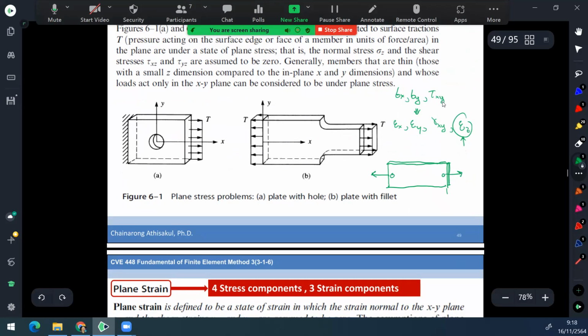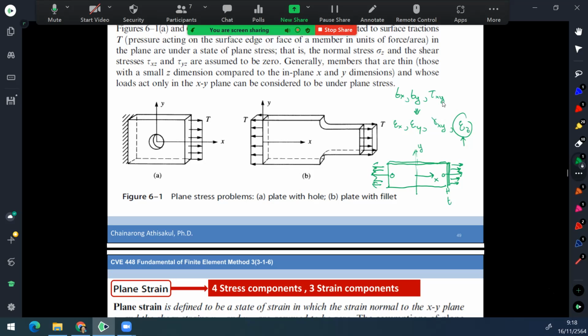The plate has a small thickness, maybe thickness t. We apply the force here, so the strain occurs in this direction, the axial direction. We may call this the x direction. Along the y direction we do not apply any stress, so in the y direction we may not have stress in this case.